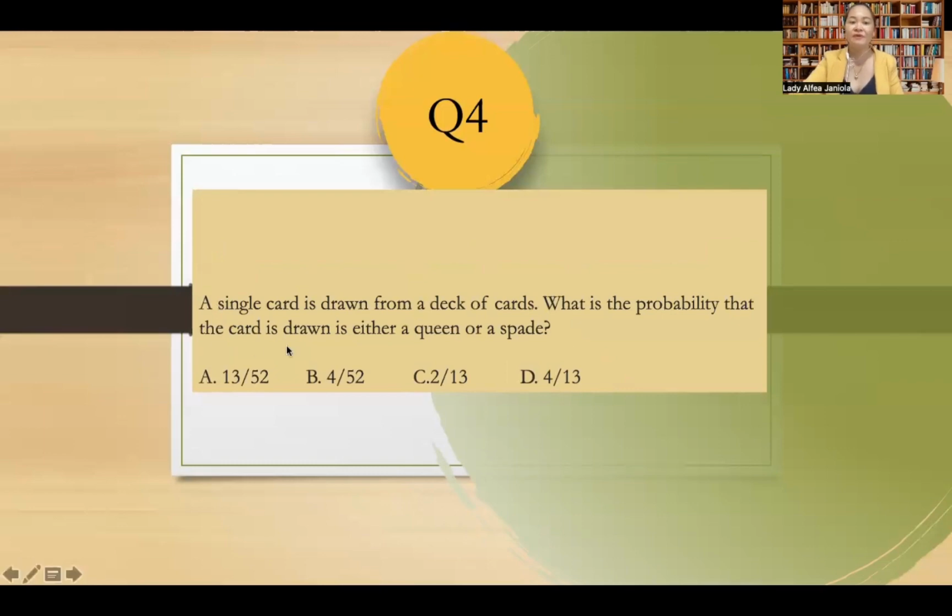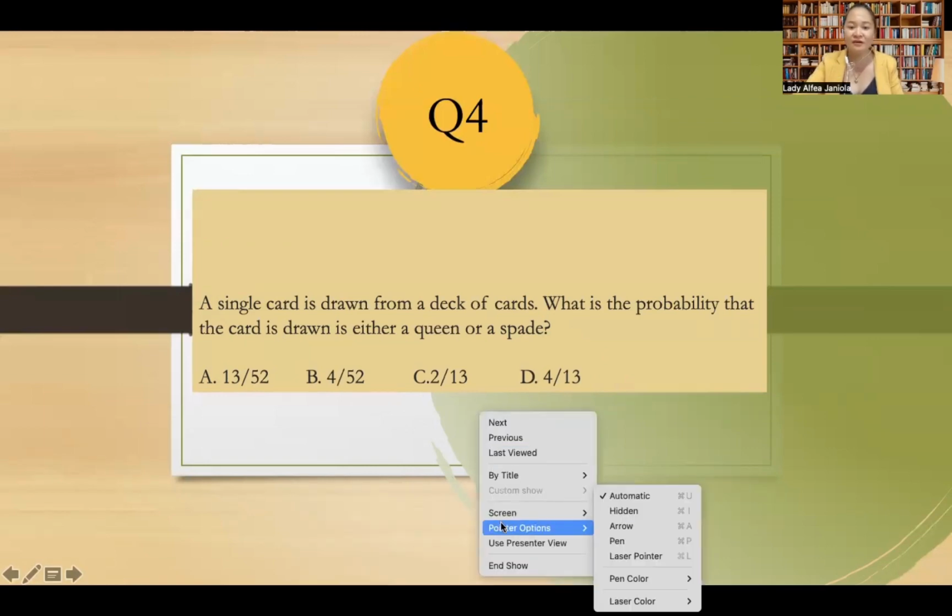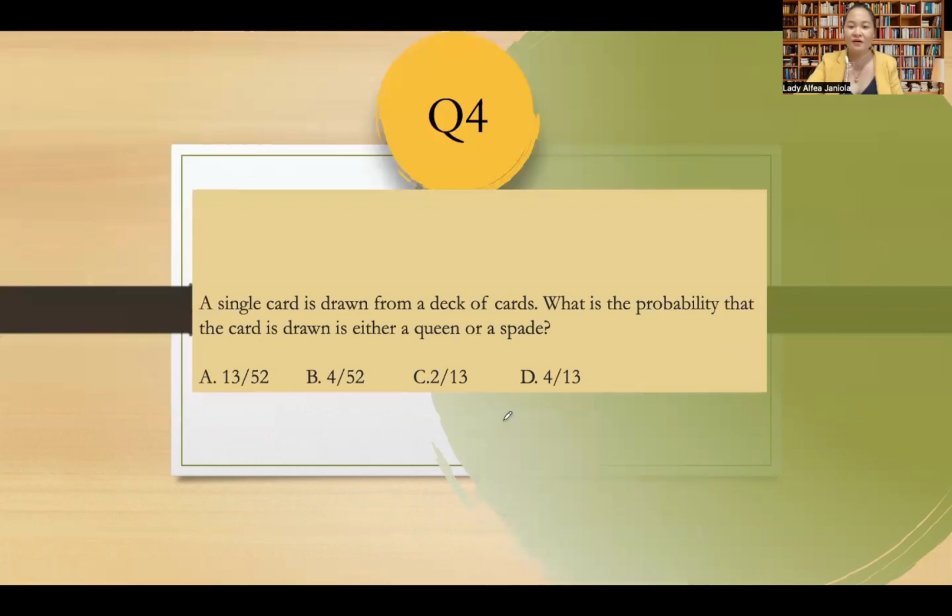Next, question number 3. A single card is drawn from a deck of cards. What is the probability that the card drawn is either a queen or a spade? How many queen cards? There are 4 over 52 queen cards.